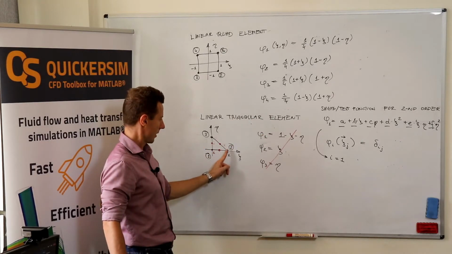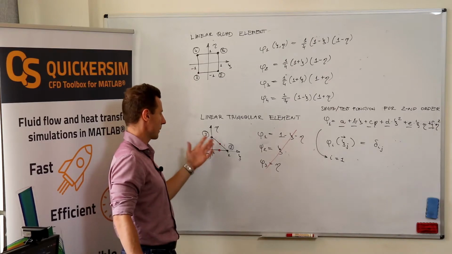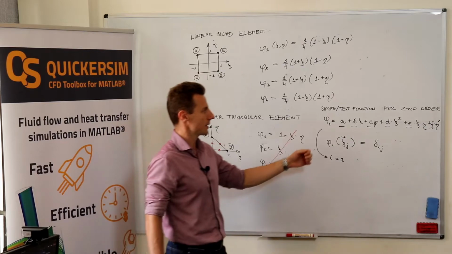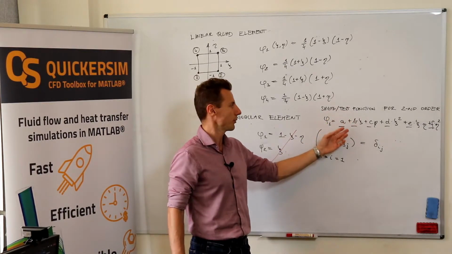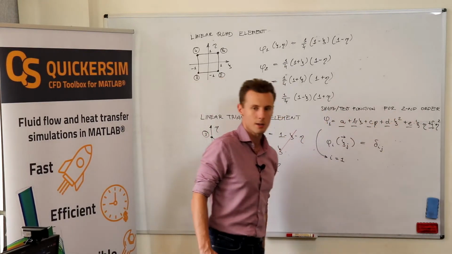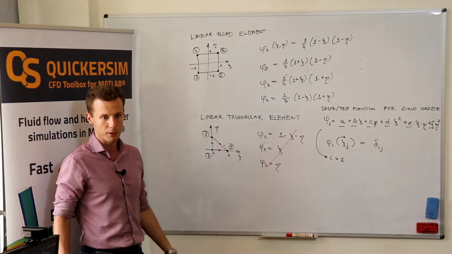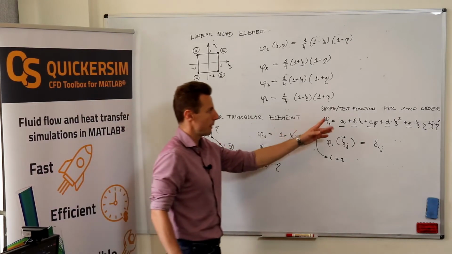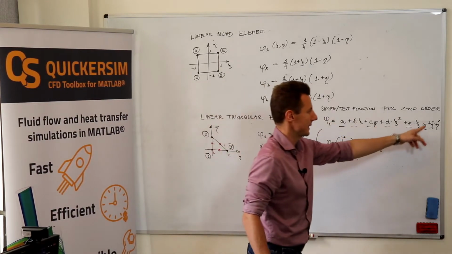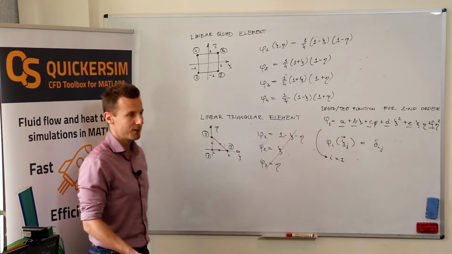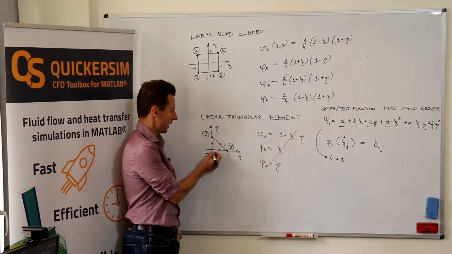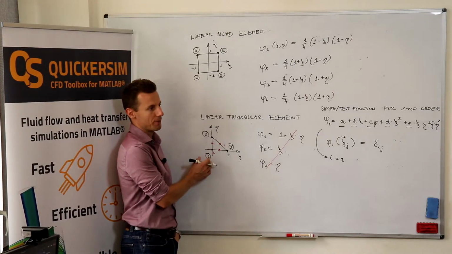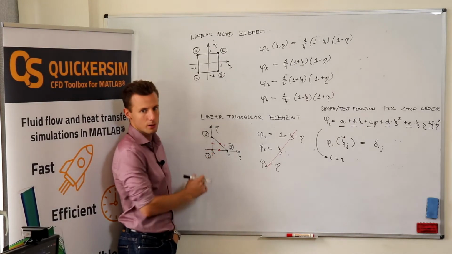So you've got, well, not by chance, you have got 6 nodes, so you can write 6 linear equations, and you've got 6 unknown coefficients. You solve the system of linear equations 6 by 6, and you come up with A, B, C, D, E, and F that define the second order shape function associated with that node.